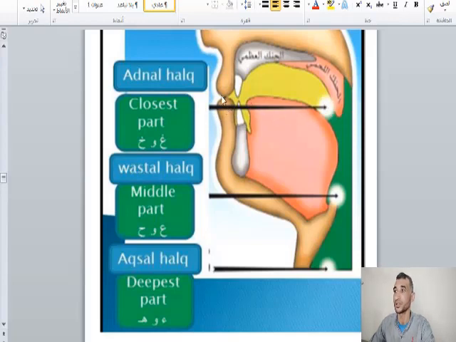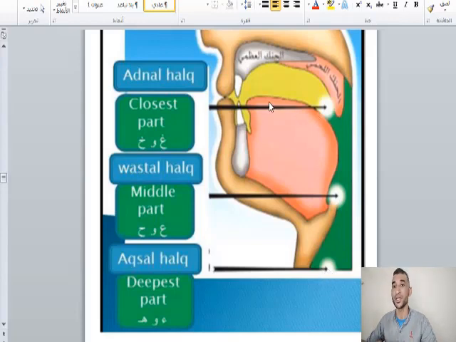So here the consonant nun and tanween are emitted from this part, which is the tip of the tongue, and there is a far distance between the tip of the tongue and this part, which is the adna al-halq, and this part, which is the wast al-halq, and this part, which is the aqsa al-halq.